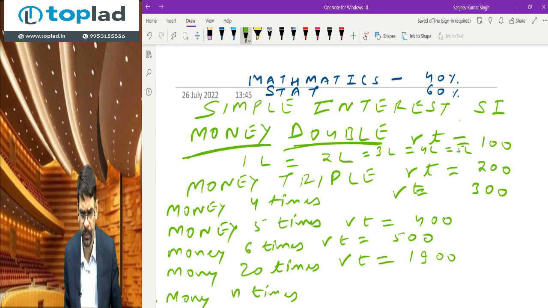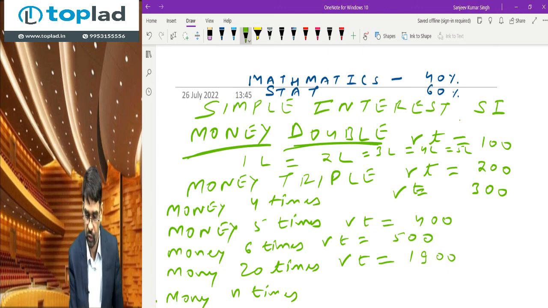Nobody knows about 10 times, 1000 times, 100 times, lakhs times. We write n times. So our formula is, this is a standard formula, just derived for you. Very important concept. RT is equal to (n minus 1) into 100.